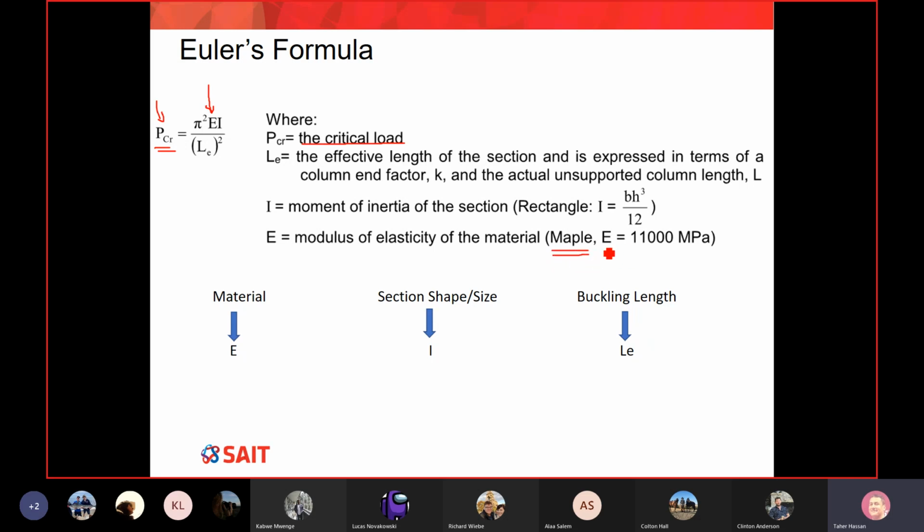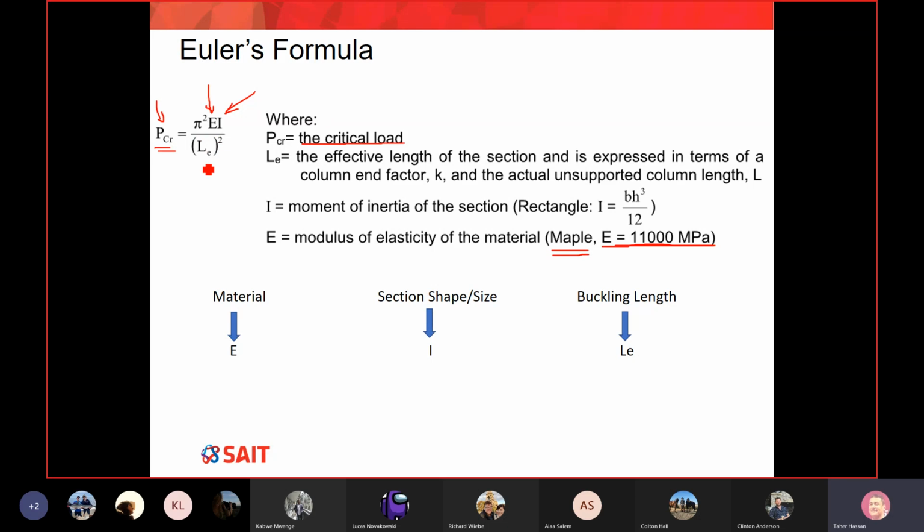So the E, we're asking you to use 11,000 MPa. So E here is not unknown. It is known, equal to 11,000. And then multiply by I. What is I? Probably by now, all of you remember what I is. I is the moment of inertia of the column.